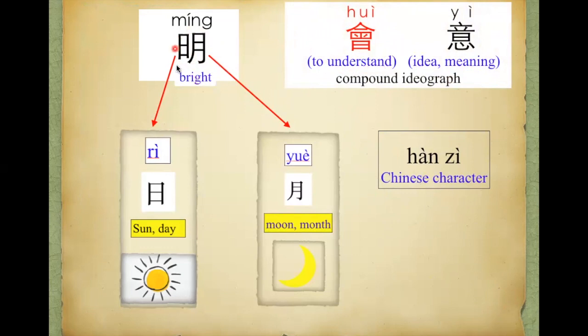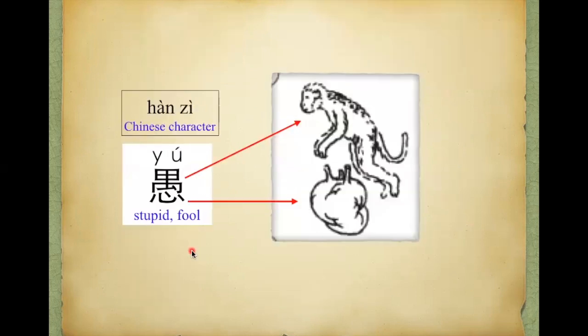So when you see this, you can figure out what's the meaning, what's the idea. So they combine them together. So it's called hui yi, compound ideograph. That's the second way. There are the other 4 ways Chinese create their Hanzi. We're going to learn those 4 ways gradually later.